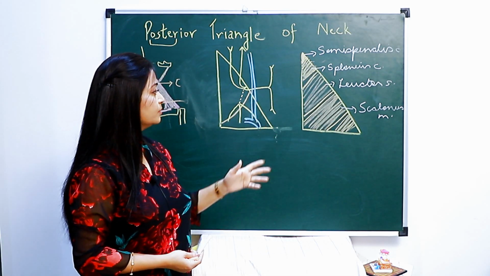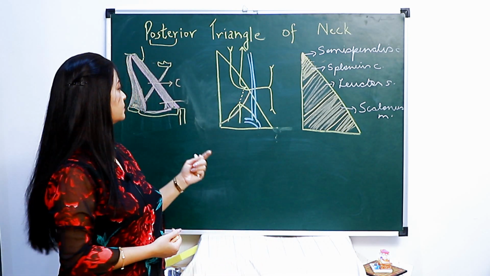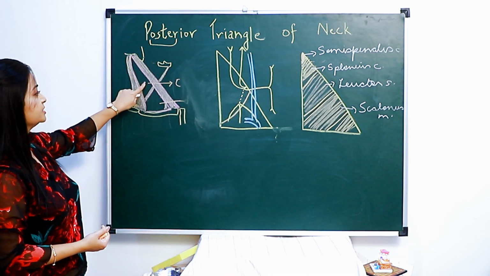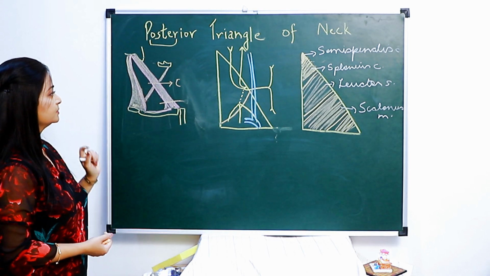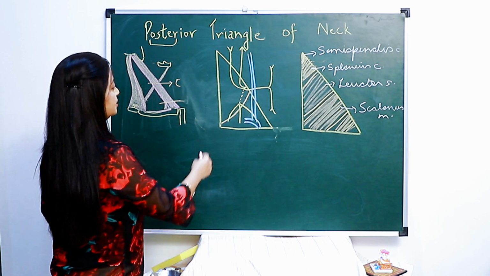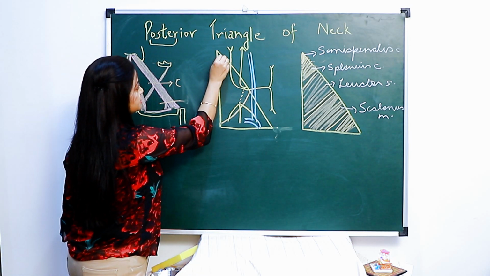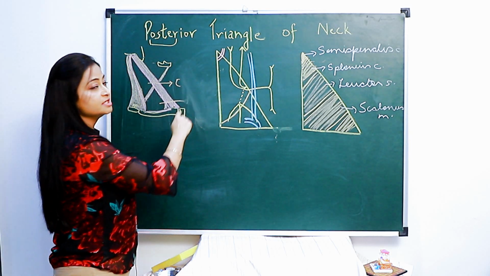Okay, so now we come to the contents of the triangle, which we will look at one by one. First let's talk about the contents of the occipital triangle. So it got its name from the occipital artery which passes through the uppermost part just near the apex.